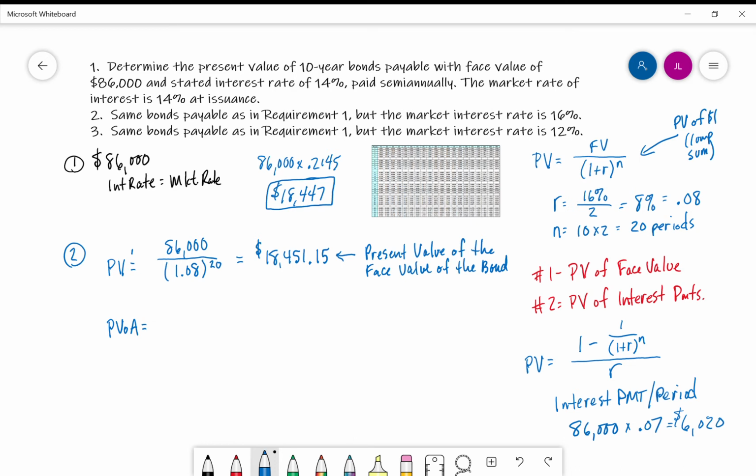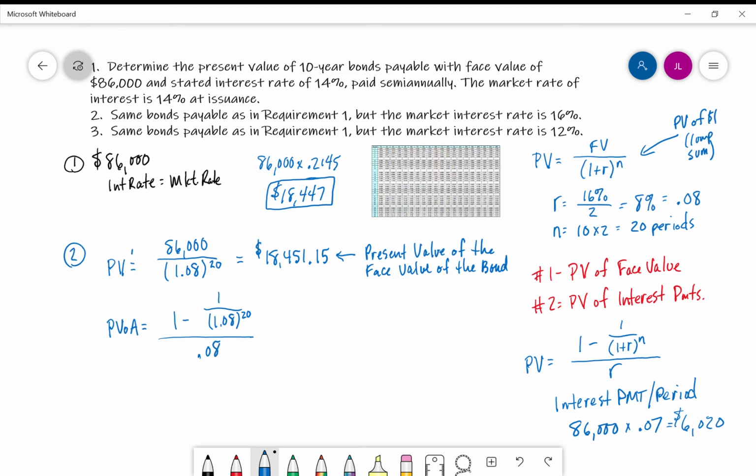So if we put the numbers in here, we get 1 minus 1 over, and remember, 1 plus our rate, we're using the market rate. That's 1.08, and we have 20 periods. And this whole thing is over our rate per period, which we know is 0.08.